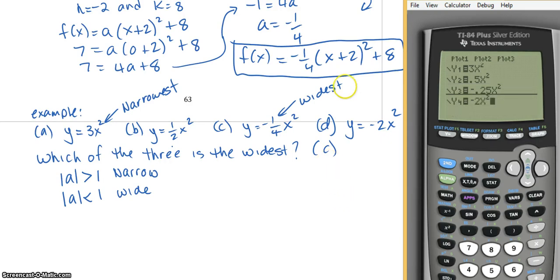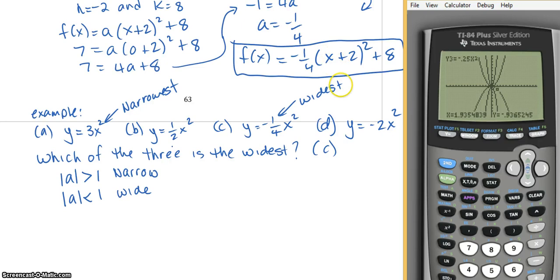So I have all of them there. And I'm just going to go to graph. You can just hit graph, or zoom 6 if you want to make sure it's the standard window. There's the first one. The second, it's a little wider, even wider. And the third, the fourth. So it looks like this one.